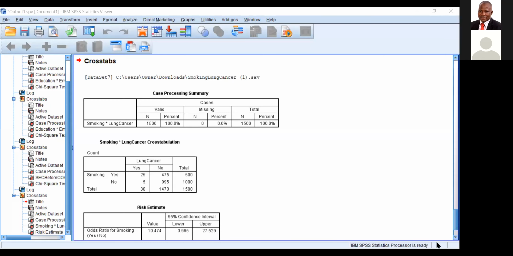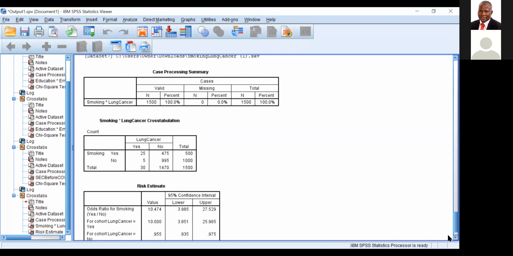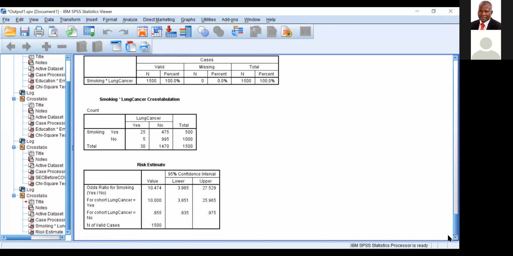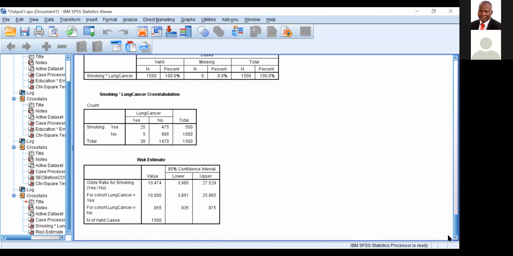Share the results. Okay. You see, so go down. That table is the same thing you have seen before, so we are going straight to the results. You see that, the computer is garbage in, garbage out.